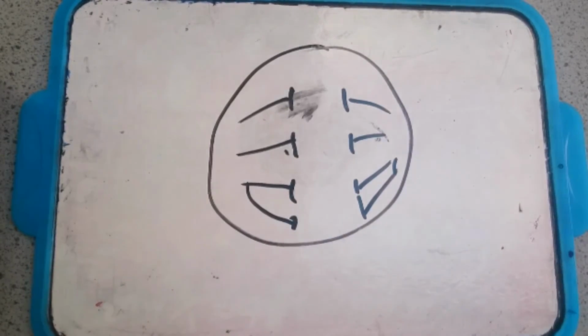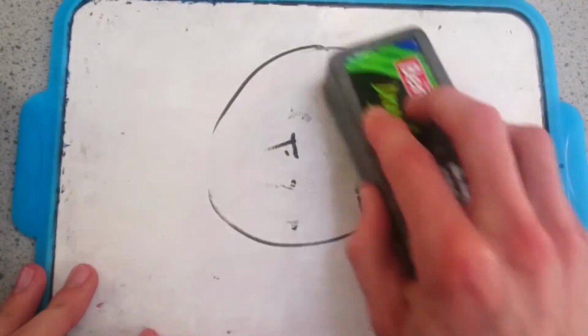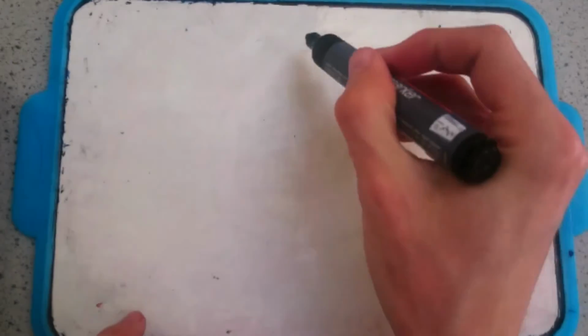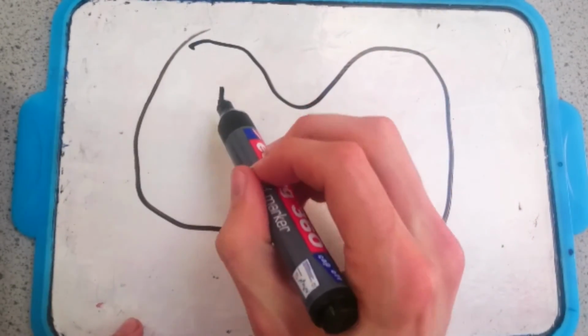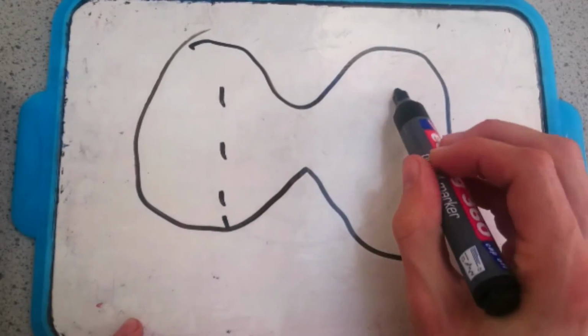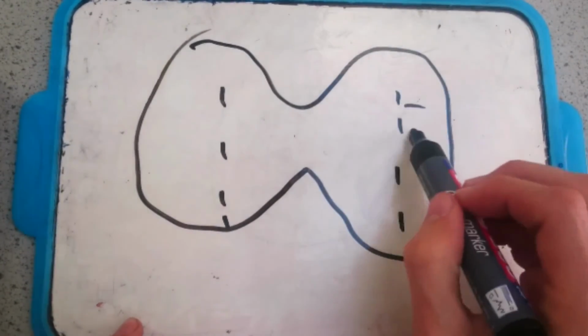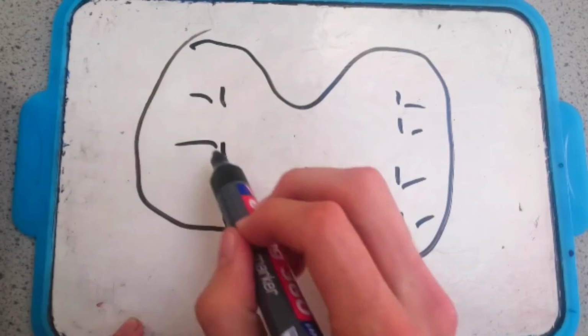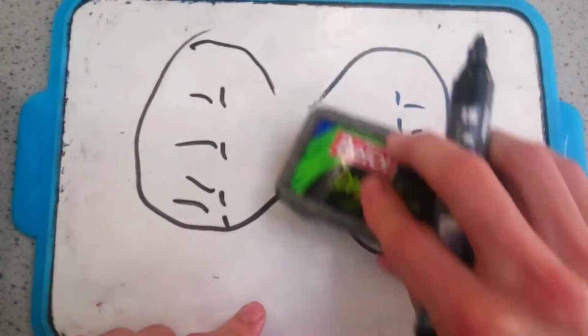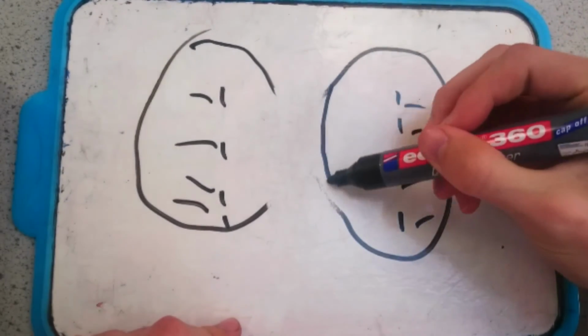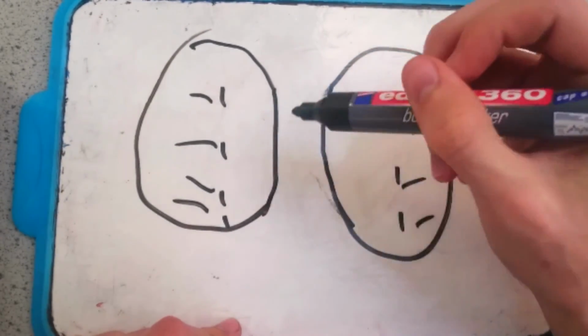That's really important because, of course, the next step is that this whole cell starts to divide into two like this, because those chromosomes have been pulled two ways. They've been pulled over here, pulled over here, and then these two bits of the cell split off from each other.